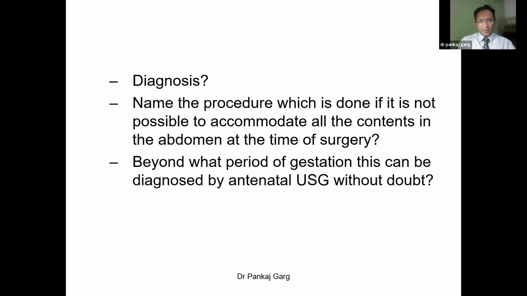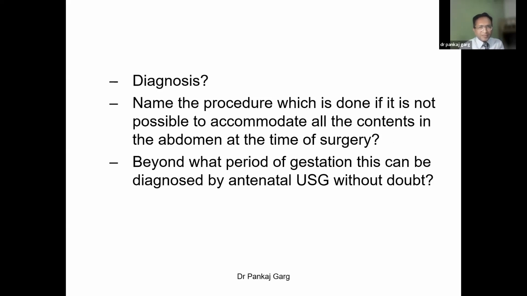Okay. Beyond what period of gestation can this be diagnosed by antenatal ultrasound without doubt? You know, at some stage the intestines also come out of the abdomen as a normal process. And if you do an ultrasound at an earlier gestation, you will be diagnosing all patients as omphalocele.